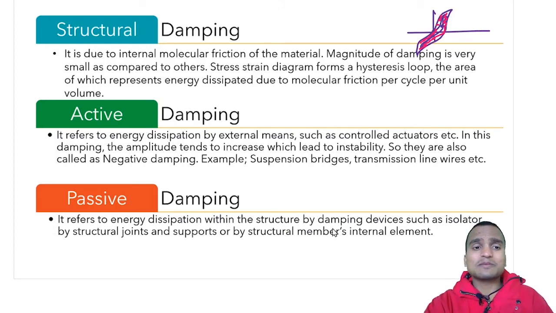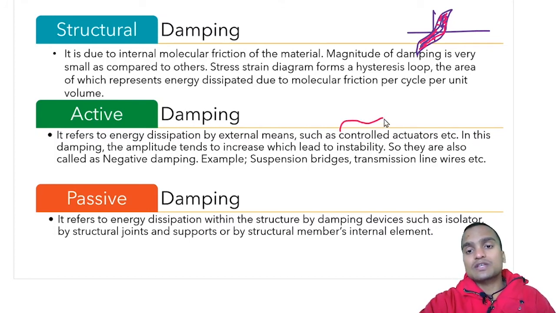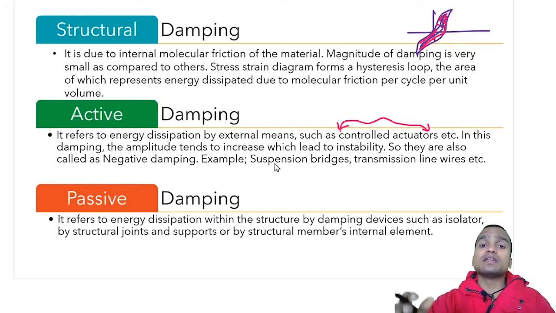Now you can understand. It refers to energy dissipation by external means such as controlled actuators etc. This is the name of a device, controlled actuators. So this is some external device which we install in the system. In this type of damping, the amplitude tends to increase, which leads to instability.